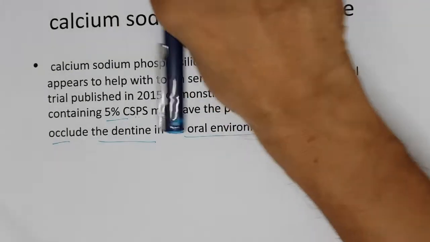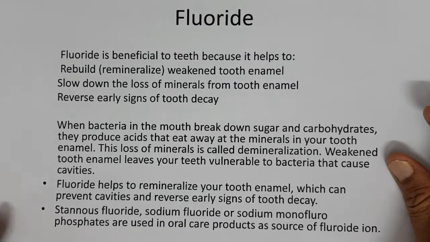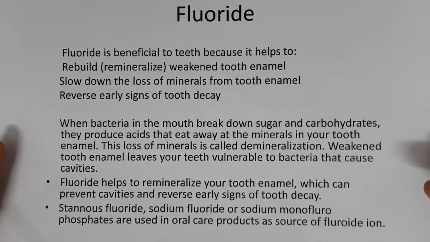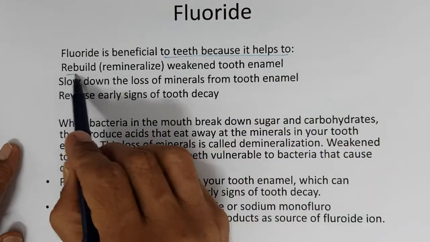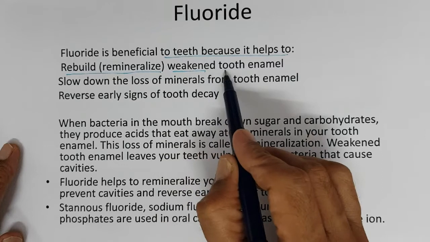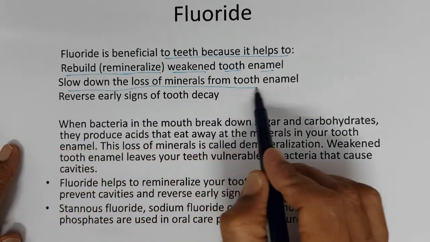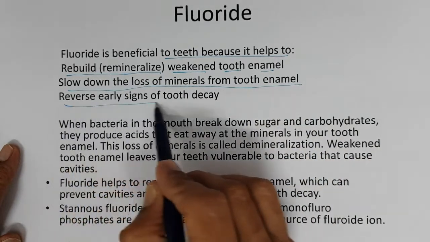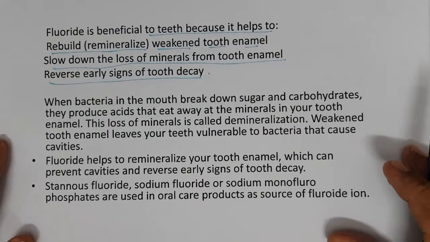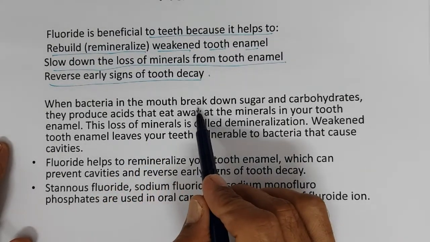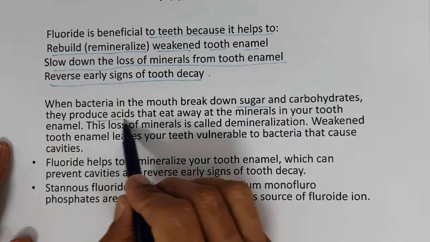Now fluoride. You have heard of fluoride toothpaste. Fluoride is beneficial to teeth because it helps to rebuild weakened tooth enamel, slow down loss of minerals from tooth enamel, and reverse early signs of tooth decay. What happens when bacteria in the mouth break down sugar? We saw that acid is produced.